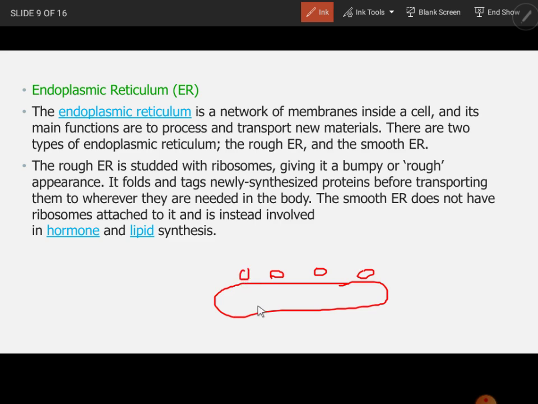So you can tell that the main function of the rough endoplasmic reticulum is to transport proteins. While the smooth endoplasmic reticulum does not have ribosomes attached to it and is instead involved in hormone and lipid synthesis. So that's the difference.